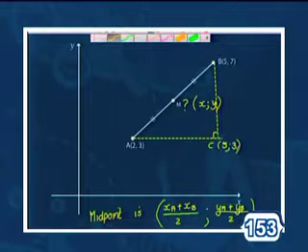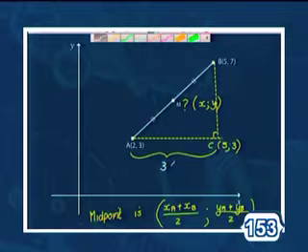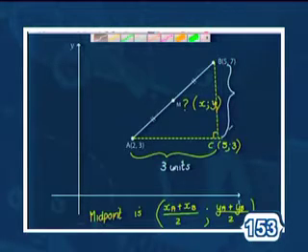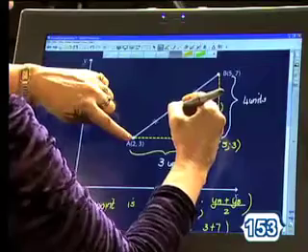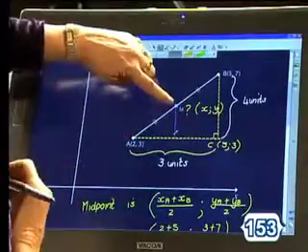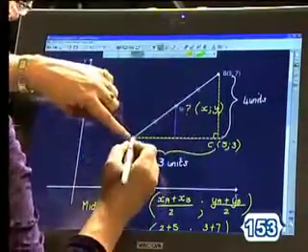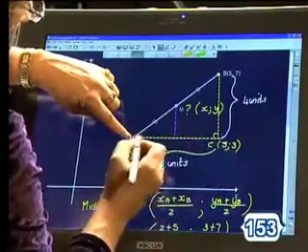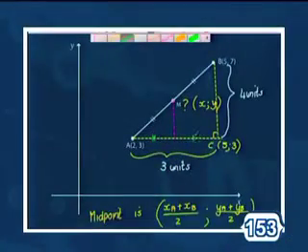Okay, so can you see that visually, if I've moved from A across to C, I have actually moved 3 units in total. Let's make that clear. 3 units. All right? And if I've moved from C up to B, I've actually moved 4 units up in total. So it makes sense that if I were now going to work out the coordinates at M, can you see that if that total is 3, then it makes sense that this piece here has to equal this piece here.